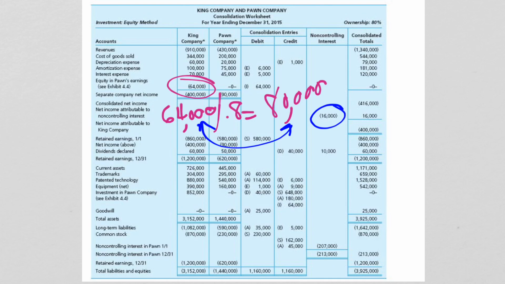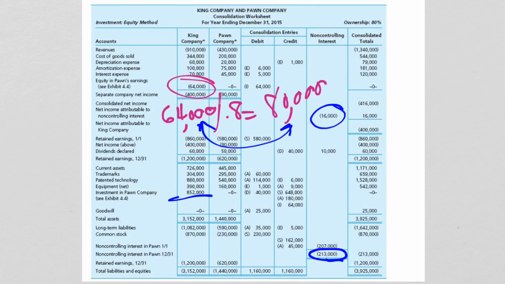What these shortcut methods are doing are allowing you to answer multiple choice questions or partial questions where they ask you this or they don't give you every information. So it allows you to fill in the blanks by understanding the relationship between these numbers. It also will help you with a worksheet if you're finding yourself not coming up with the right number, not balancing. You can go back and let's say you proved what this number is through the method I just showed through using the investment account.